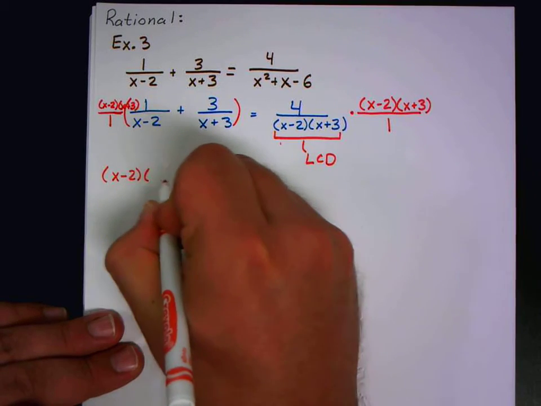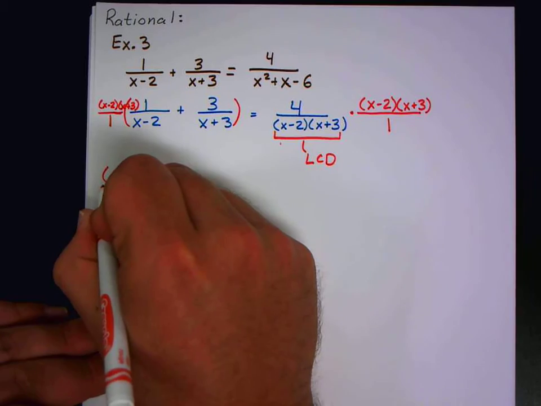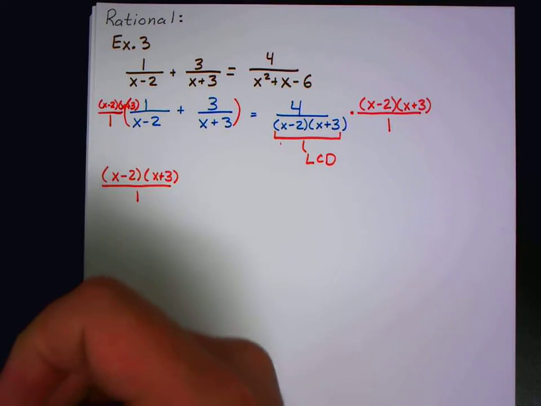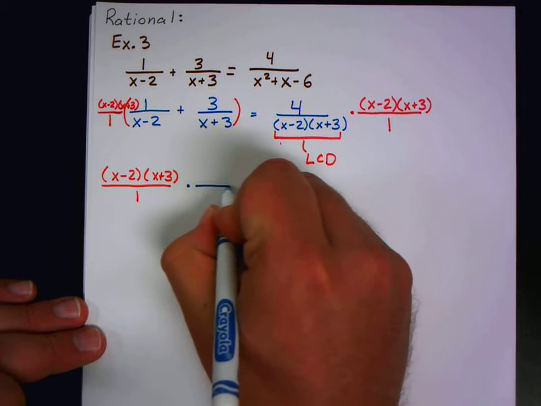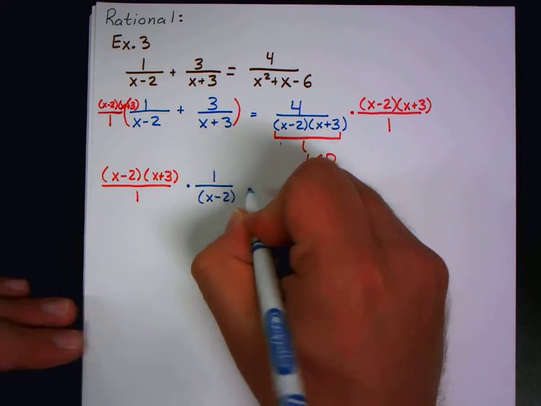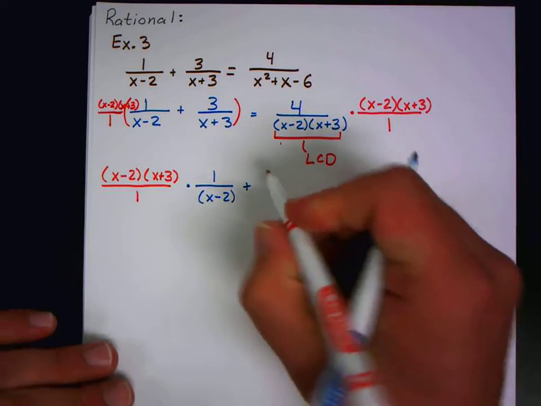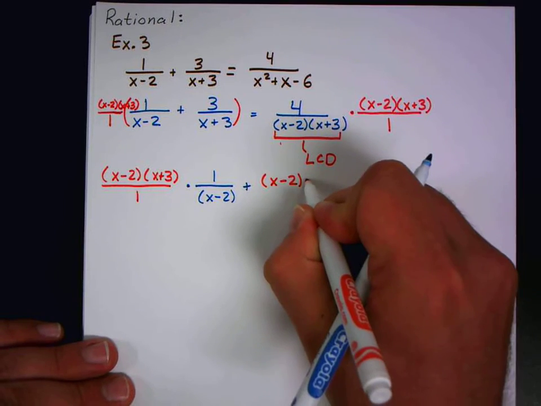On this side, it distributes out. So what happens is you actually end up multiplying every single fraction by the same thing.